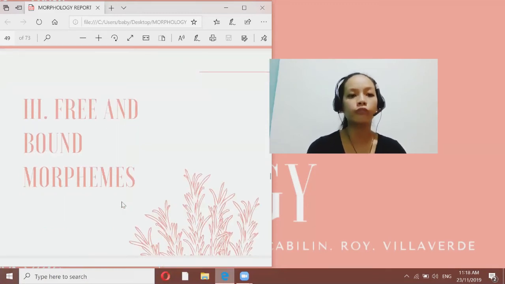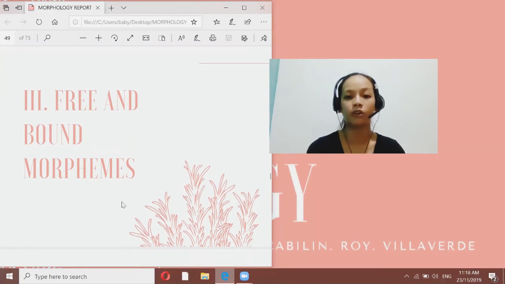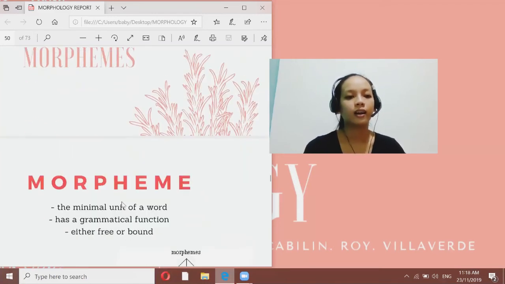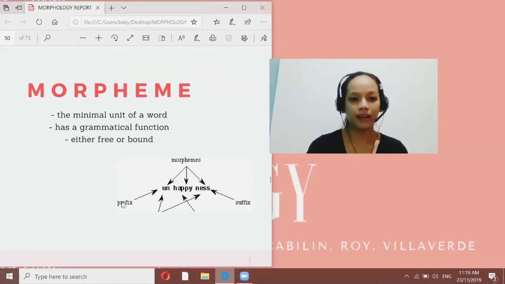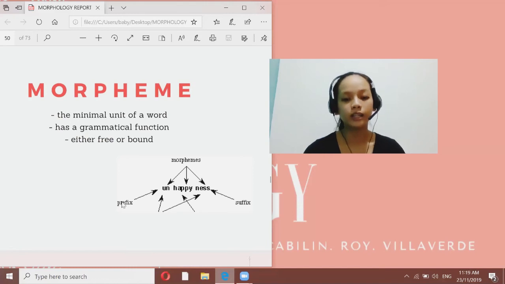We will now move to the free and bound morphemes. We need to define first what a morpheme is. It is the minimal unit of a word, or we can also say it's the smallest meaningful unit of a word. It has a grammatical function and it can be either free or bound.